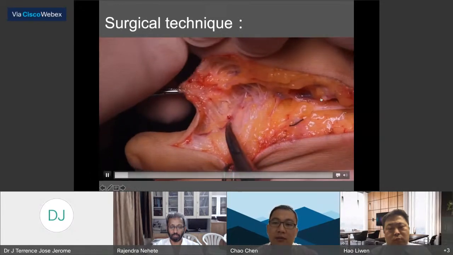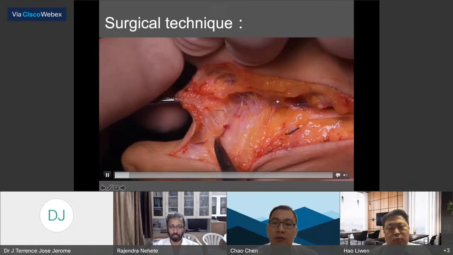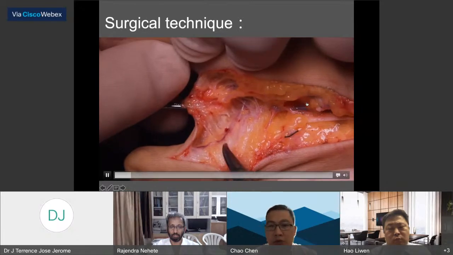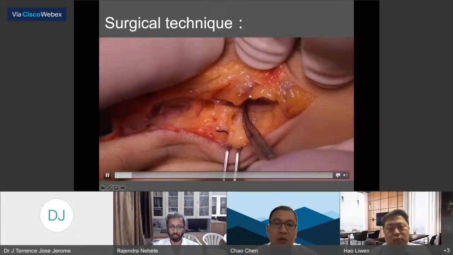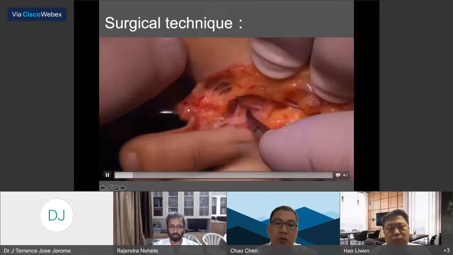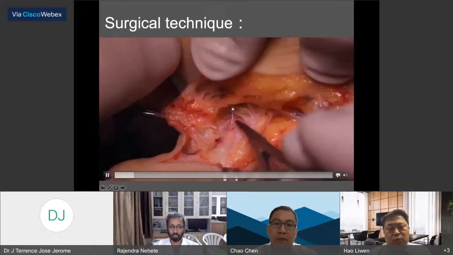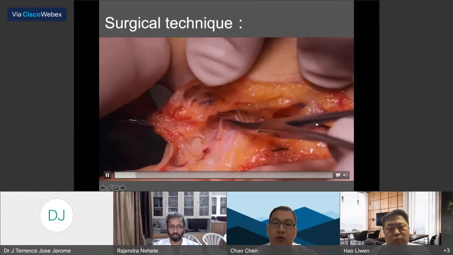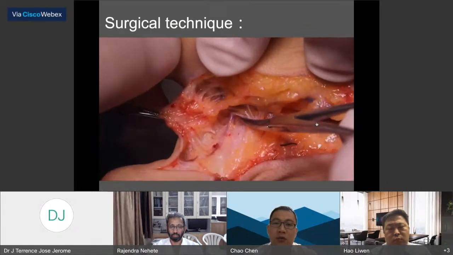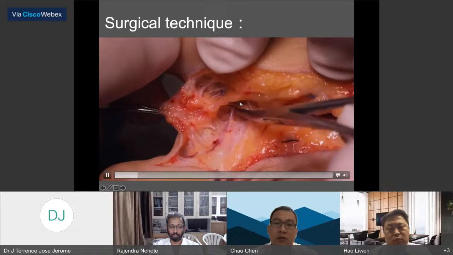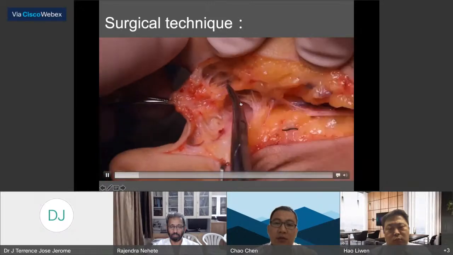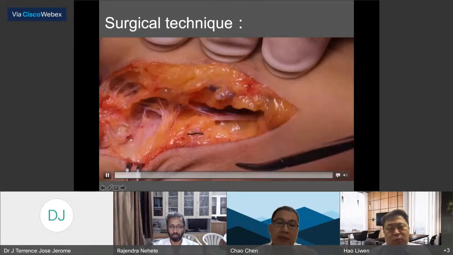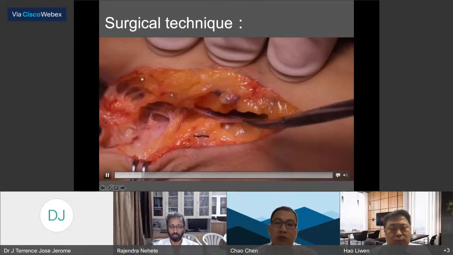First, we incise the dorsal side to dissect the first dorsal metatarsal artery and its two branches. One branch goes to the second toe, one branch goes to the great toe. So we will use the first dorsal metatarsal artery as the pedicle to serve the chimeric flap, including the PIP joint of the second toe and the wraparound flap from the great toe.